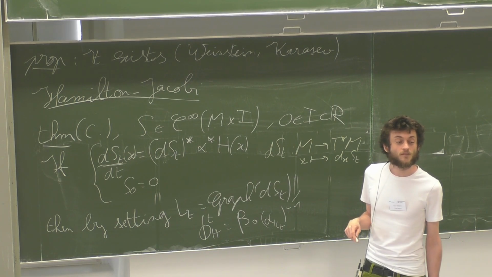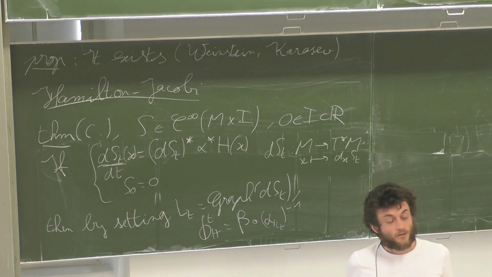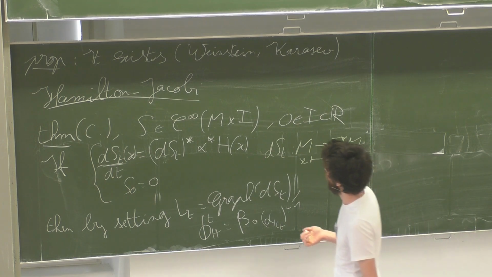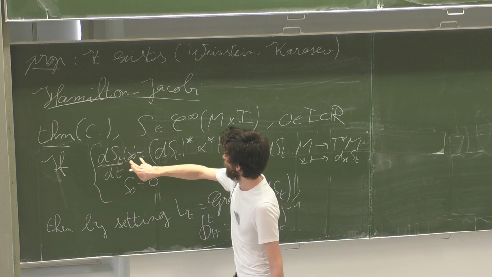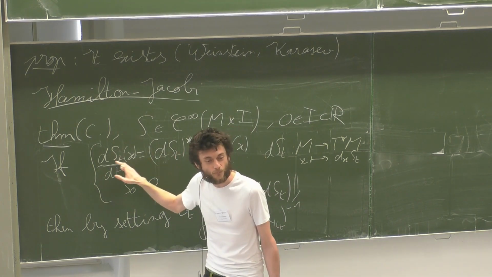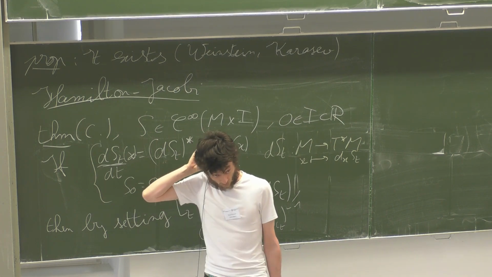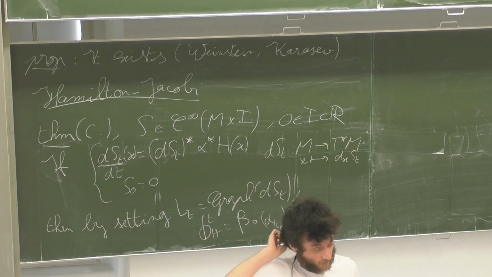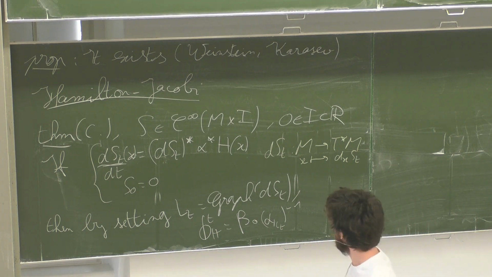And dST is a map from M to T star M. So you have an equality of maps from M to R at the end. Oh, okay.